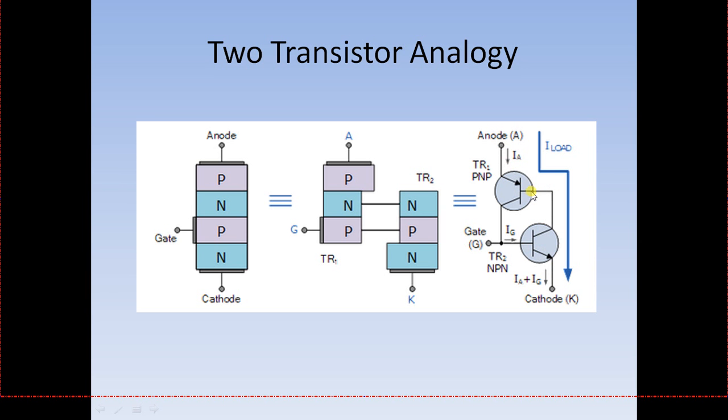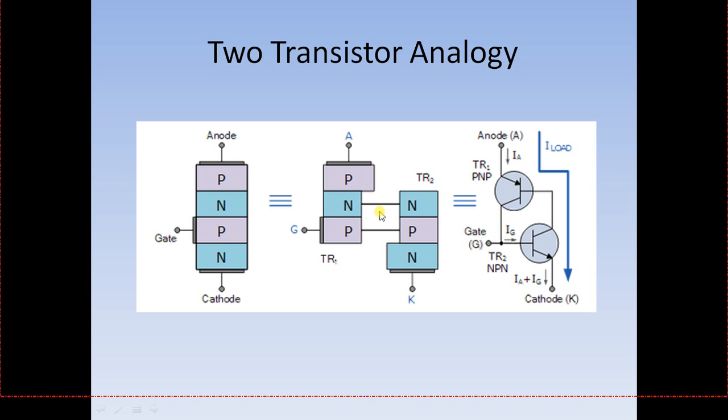Okay, but as TR1 has a base current now, because a current flows like this, which is actually caused due to the gate current IG, therefore TR1 also starts conducting. That is, current flows from anode to the emitter to the base and then to the collector of TR1, and this collector is connected to the base of TR2, as we can see here.